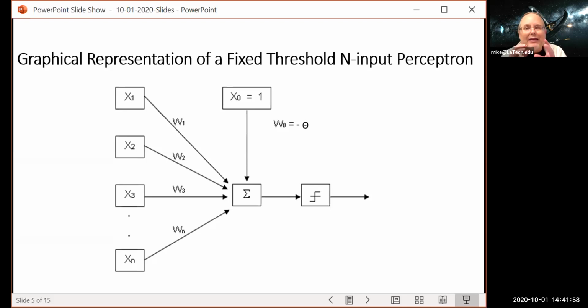Now, you might get to a solution faster if your weights are closer to what they need to end up being. You don't know what they need to end up being. You've assigned them randomly. If they're further away from what they need to be, then it may take longer for the perceptron learning rule to adjust the weights so that the perceptron can correctly classify its inputs. So it's a matter of how quickly you train the perceptron.